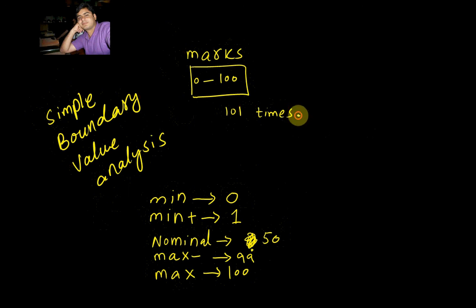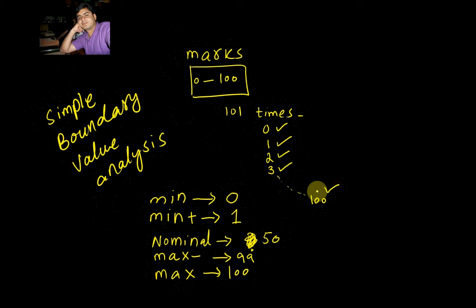First we check 0, whether it is entered correctly or not. Then we check 1, then 2, then 3, and so on. At the end we test that 100 is correctly entered or not.